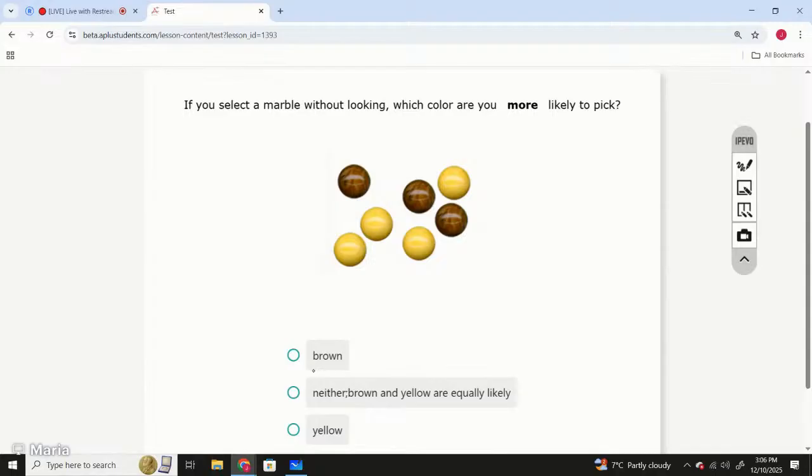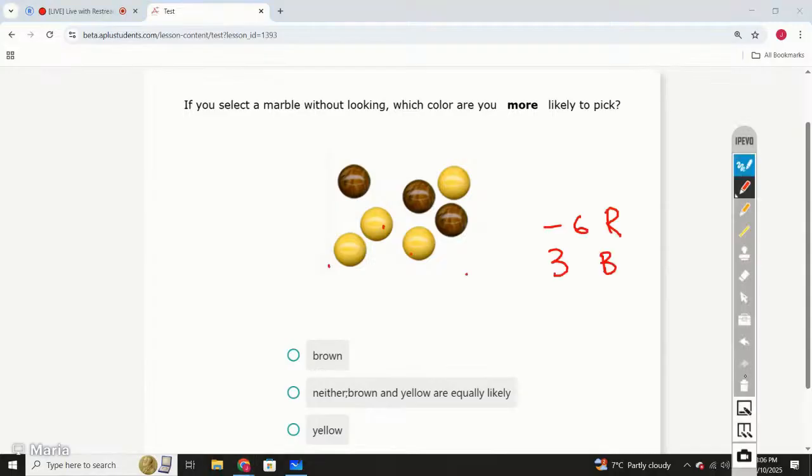So there are four yellow marbles and three brown marbles.